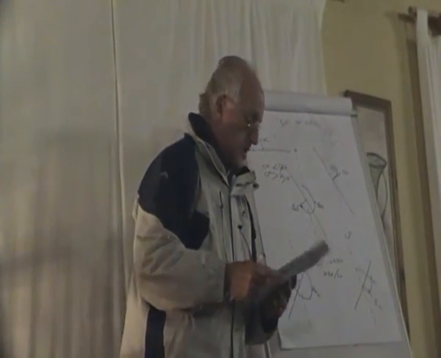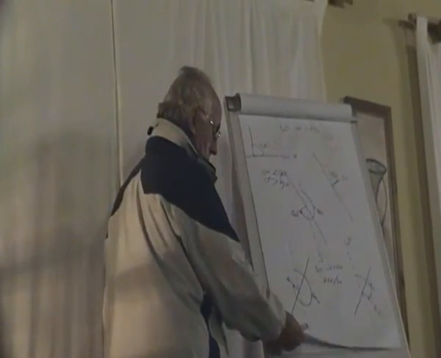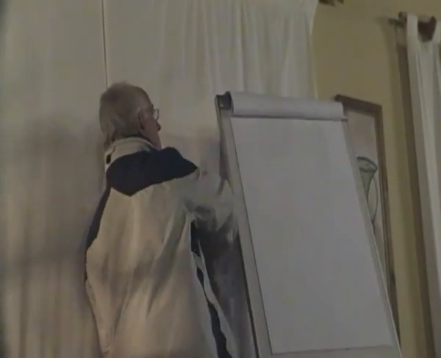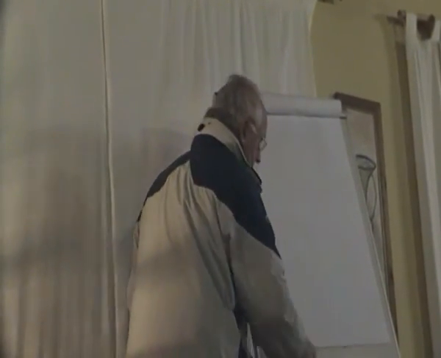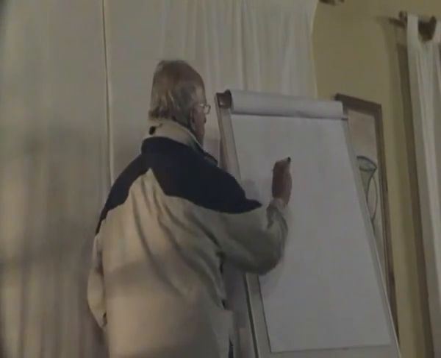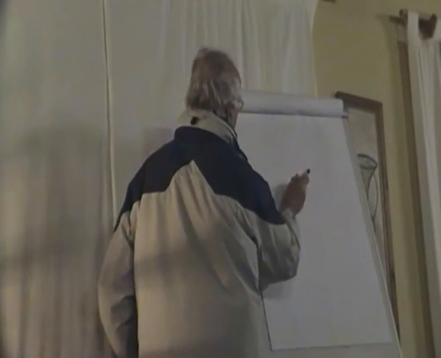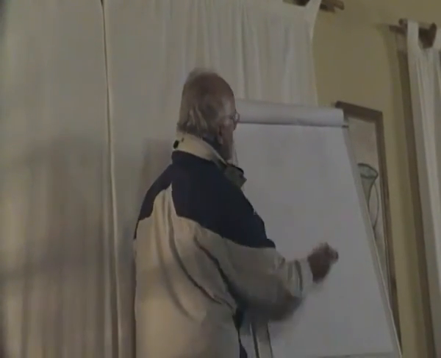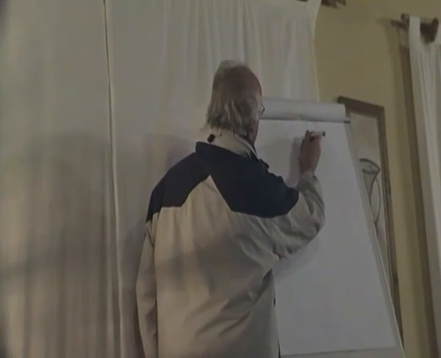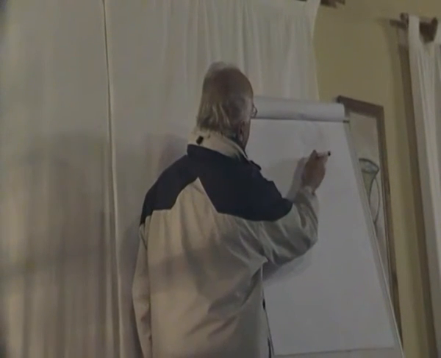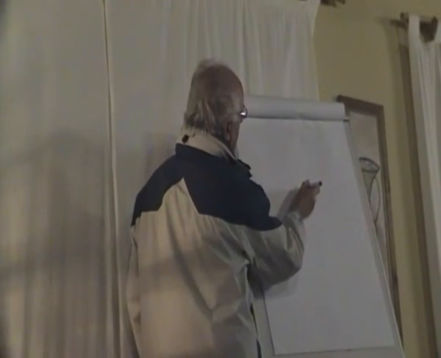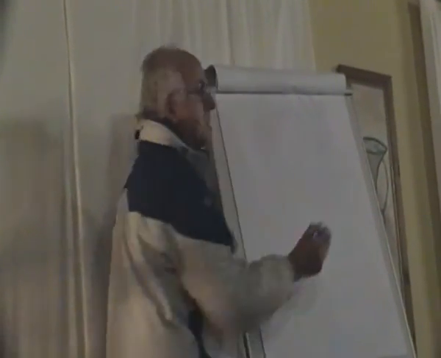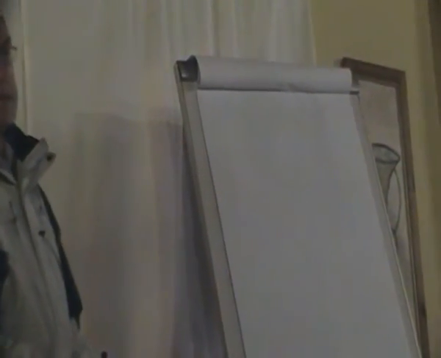Now, if you have a stereo net, and you plot a great circle, so the plane. That's a plane that is dipping to the southeast, right?